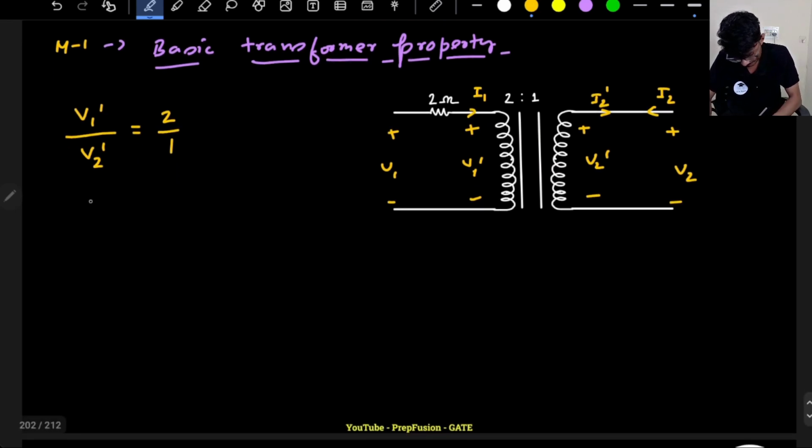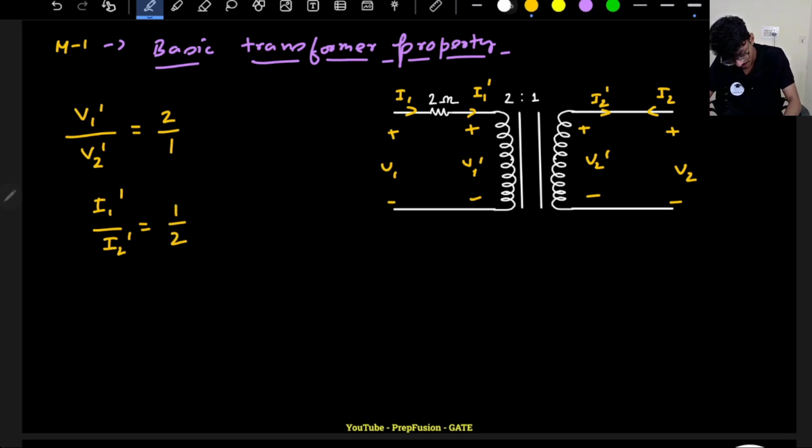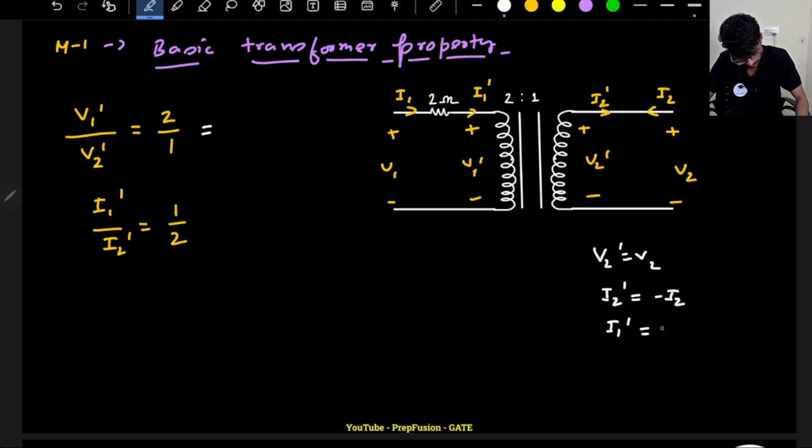So V1 dash by V2 dash will be the turns on the primary side divided by the turns on the secondary side, and my current I1 dash divided by I2 dash will be equal to the opposite turns ratio, 1 by 2. So one thing I can say is V2 dash and V2 are same. Also my I2 dash and I2 are negative of each other, my I1 dash and I1 are same. Okay, these things are same, other things are different.